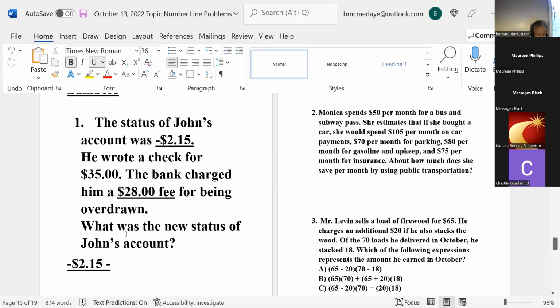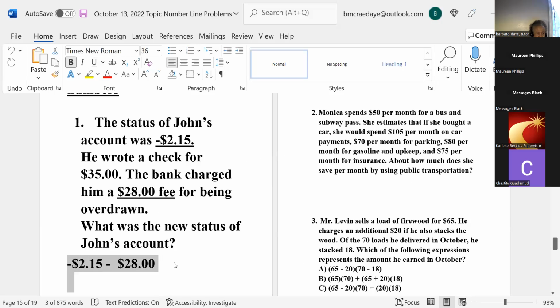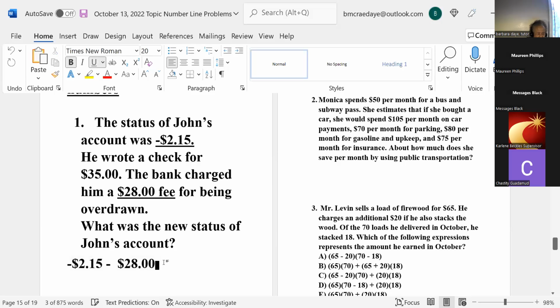What does that give you, Maureen? A minus 2.15 and a minus 28. We were just going through signs. What's that equal to? Minus 26?